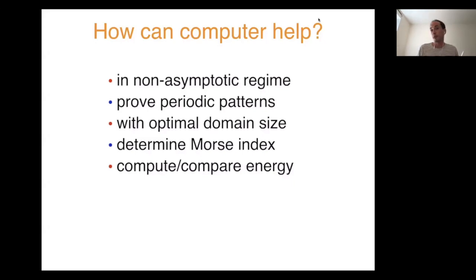Once we have the periodic pattern, you would like to really prove that it is a local minimum, so that you know it's at least locally stable. And when you have two local minima, you want to be able to say which one is better, which one has lower energy. These kinds of things we can do using computer-assisted proofs.